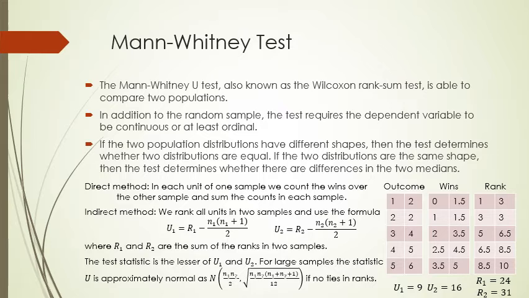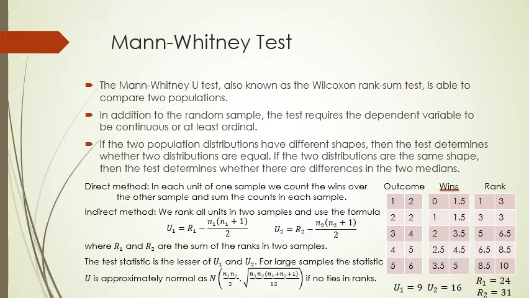There are two methods to calculate the test statistic U. The first is the direct method for small samples. In this method, for each unit of one sample, we count the wins over the other sample and sum the counts in each sample. For example, if we have two dice and roll each dice 5 times and get 1, 2, 3, 4, 5 for one dice and 2, 2, 3, 4, 5, 6 for the other, the outcome may transfer to wins as this.